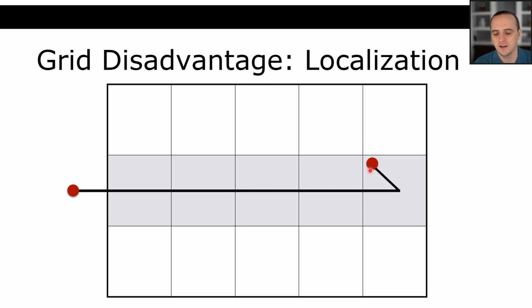And that means that there's always some level of abstraction when we translate from a grid position to a real-world position. So for example, here, the path that we would compute in the grid to get from here to here would kind of move all the way to the right and then back a little bit, right? Because we may be choosing the center of our grid cells as the waypoints.